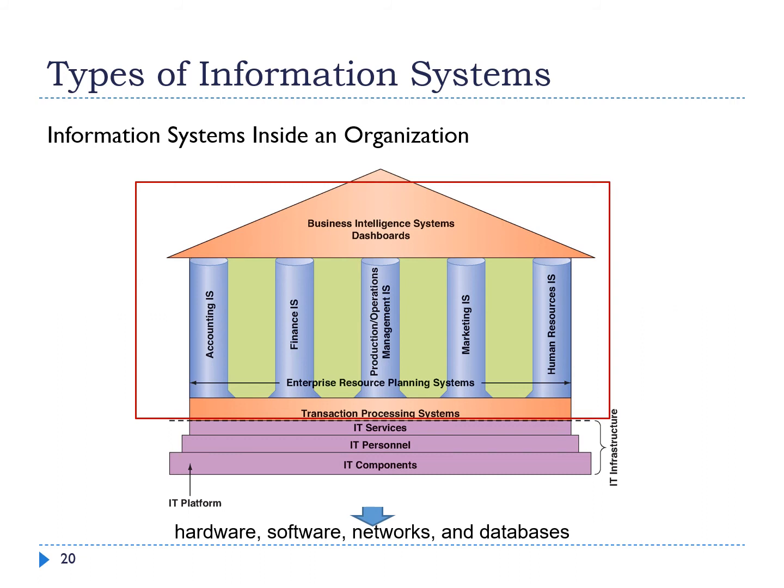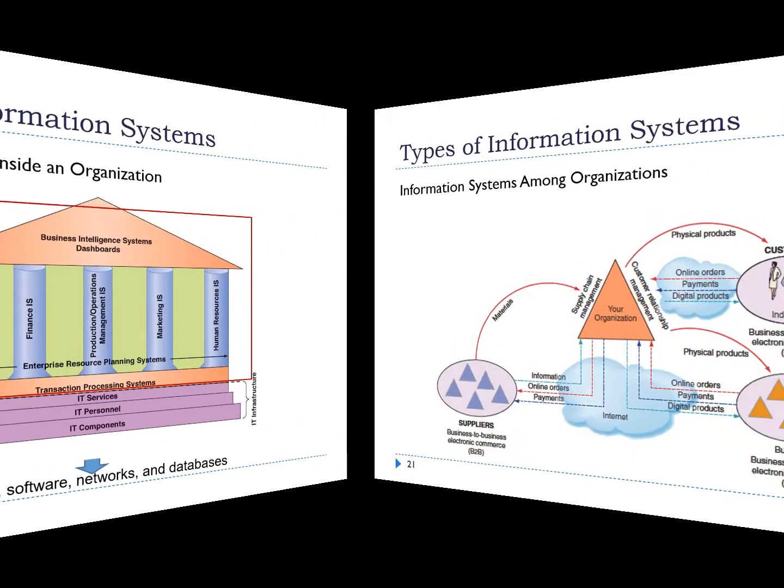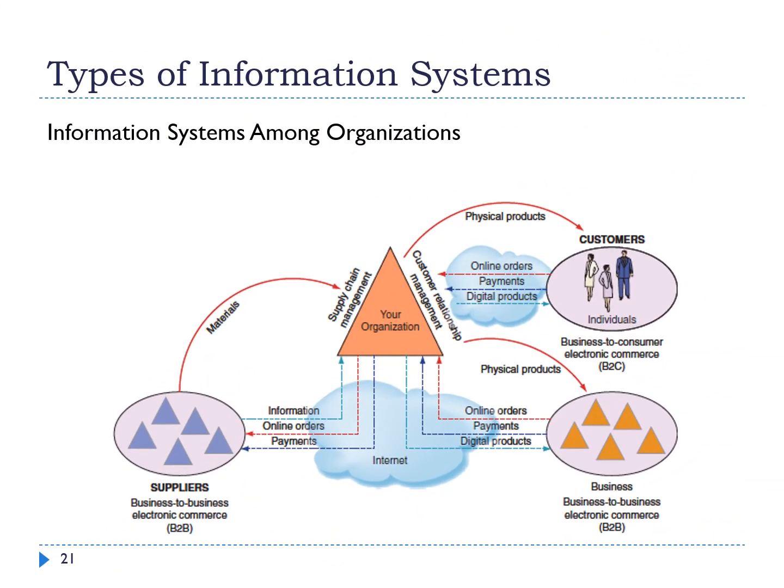And at the very top of the pyramid, we have business intelligence systems. We also have information systems among organizations, such as customer relationship management systems that connect your organization with your customers, and supply chain management systems that connect your organization with your suppliers.